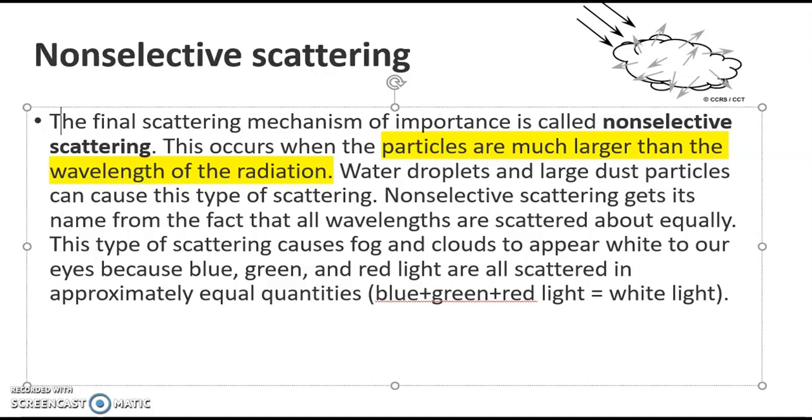The sky is blue because of Rayleigh scattering, which happens in the upper portions of the atmosphere, whereas clouds, where will they be? They are in the lower levels of the atmosphere where non-selective scattering takes place. That gives a white color to the clouds.